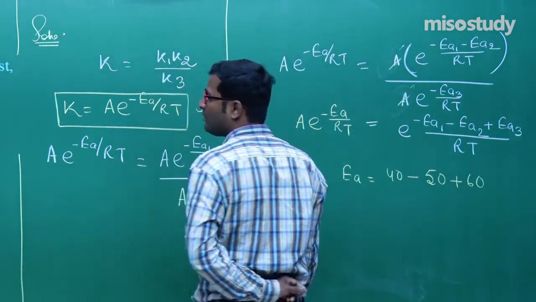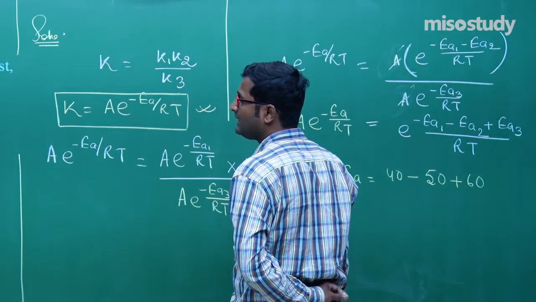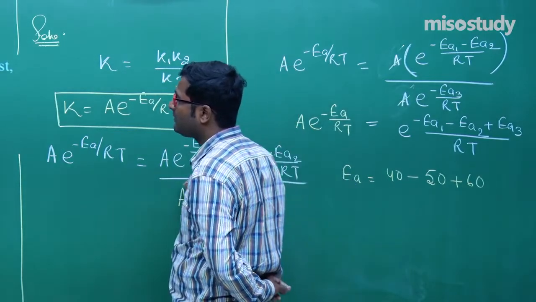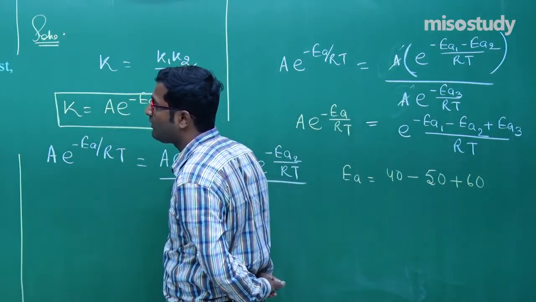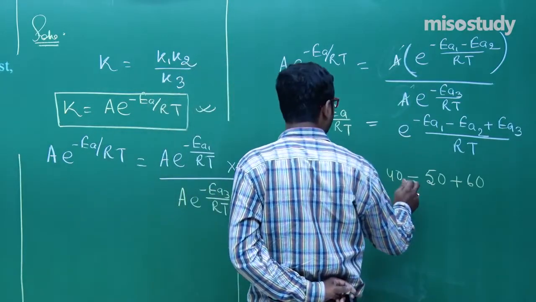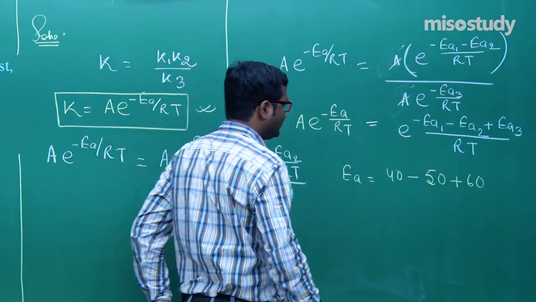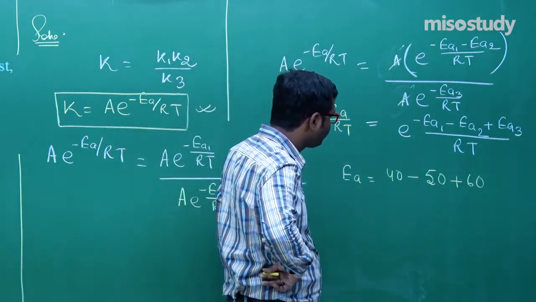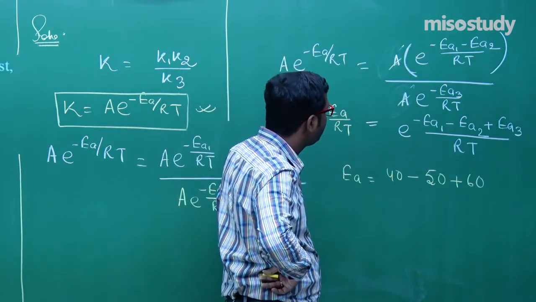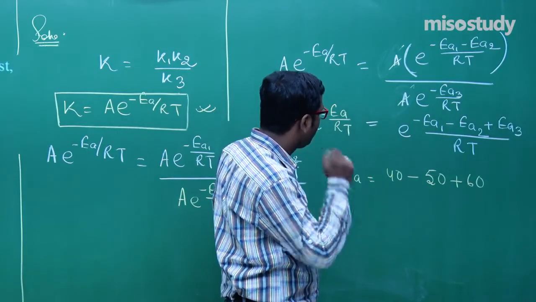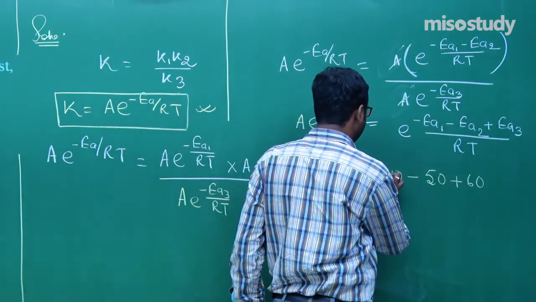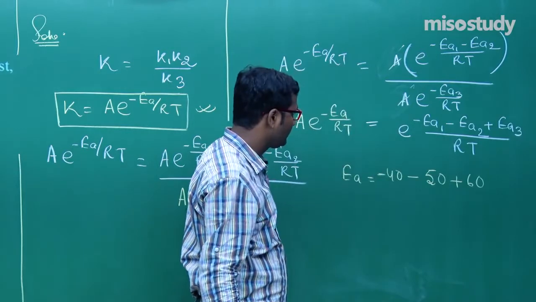Ea1, Ea2 and Ea3 are 40, 50 and 60 for first, second and third. Check these things, friend, if there is any mistake. So minus 40, clear to you?